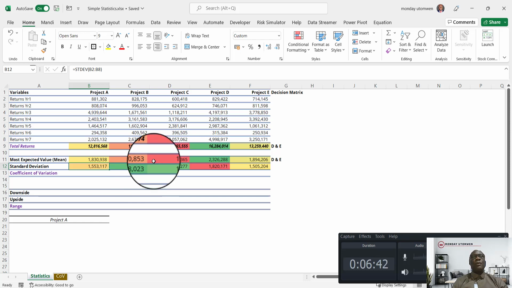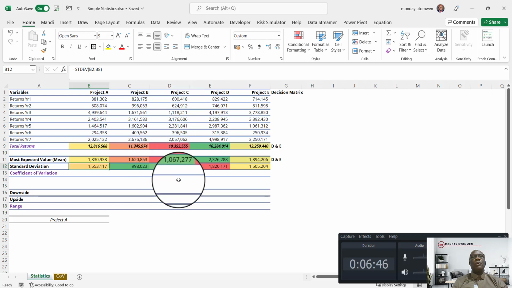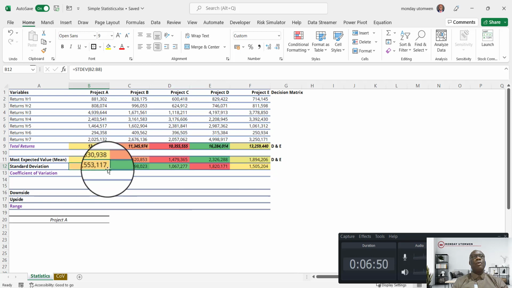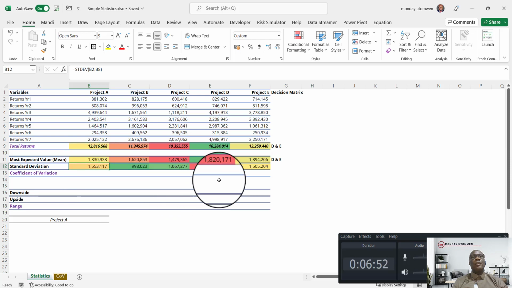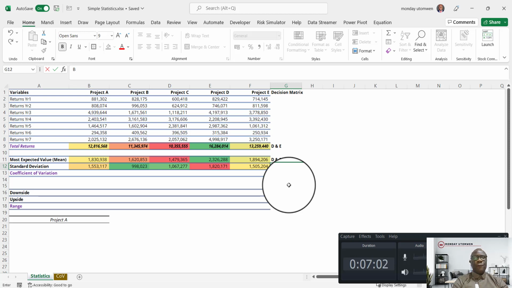But this is only looking at the project standalone. Okay, it's difficult to compare based on the standard deviation. If we go by the level of dispersion or volatility, we'll be selecting projects B and C, which have the lowest volatility.